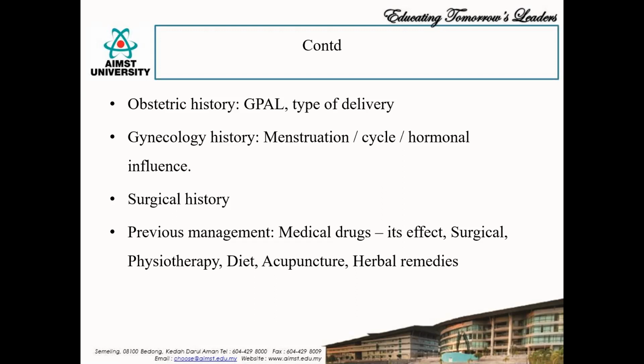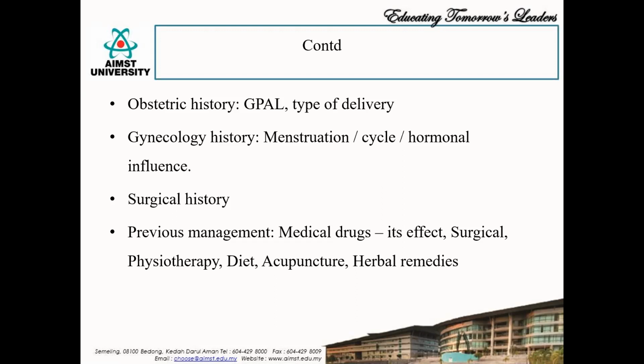That means G2 is two conceptions, P1 is one delivery, A1 is one abortion, and L1 is one live birth. In this case, since they had one delivery, you need to ask them what type of delivery they had.